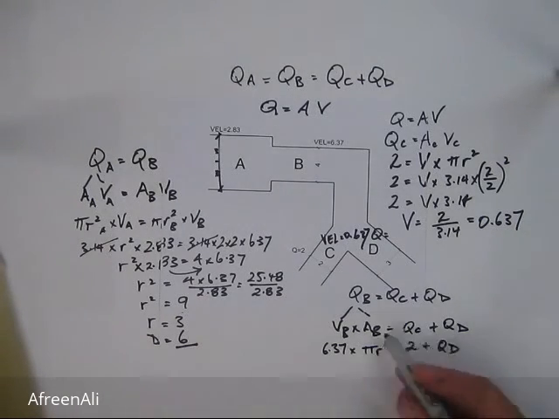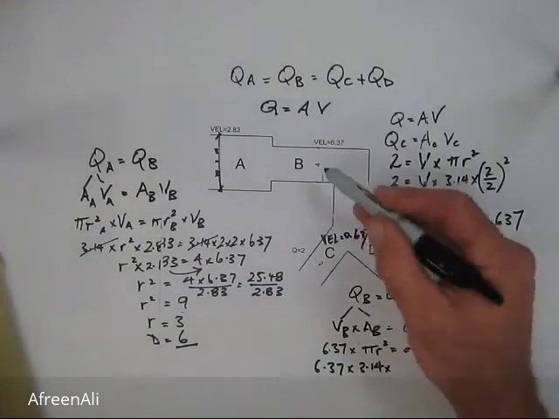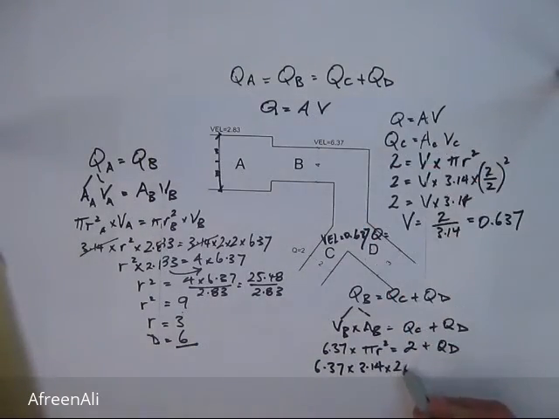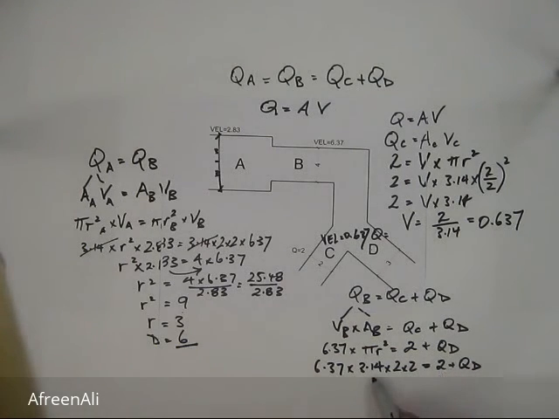So then we can substitute where we've got pi, 3.14 times the radius at B, which is 2, we looked at that earlier, 2 times 2, r squared, pi r squared equals 2 plus the flow rate at D. So then we can transpose 2, it's positive here, so it becomes negative on the other side, and we can work out that calculation.